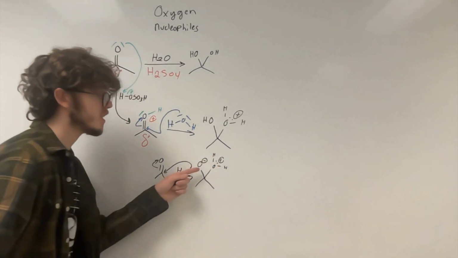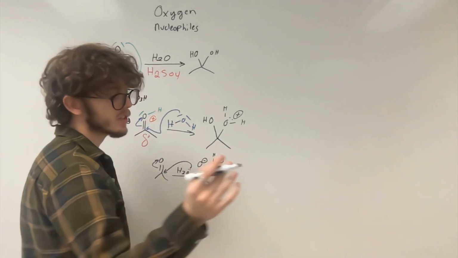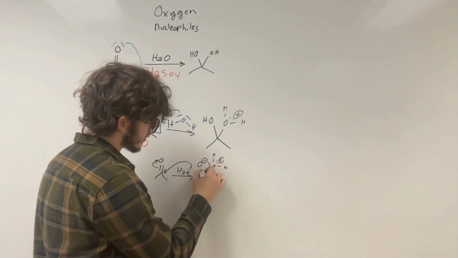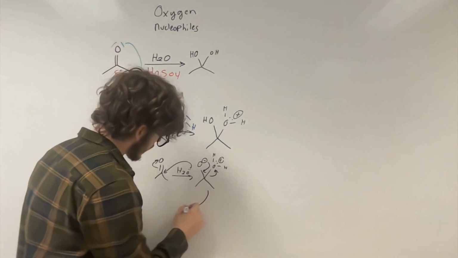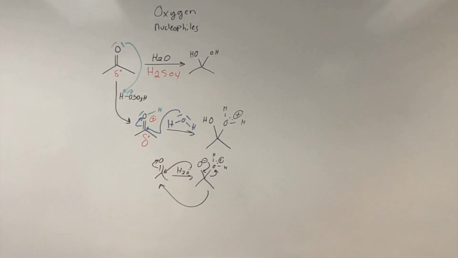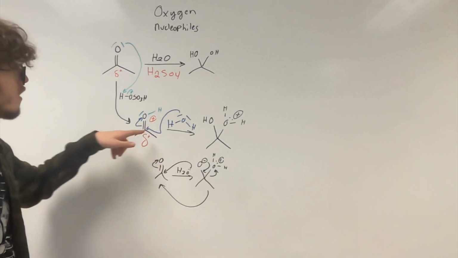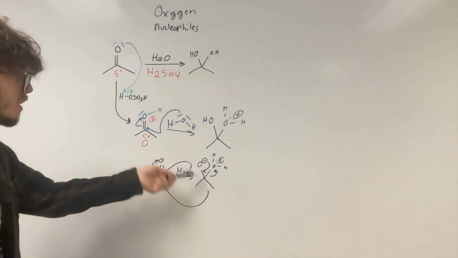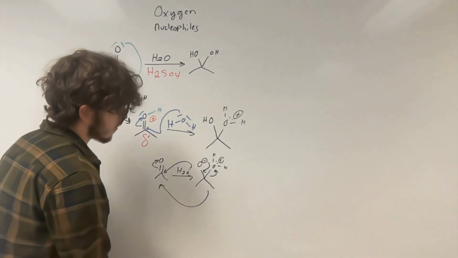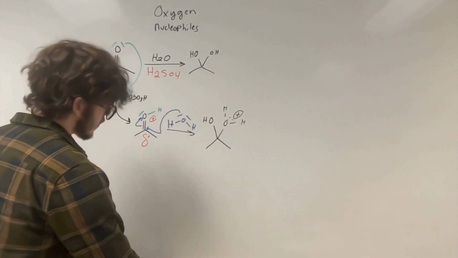A negative charge and a positive charge, right? What's going to happen right away is the carbonyl is just going to kick that little group out. We're going to go right back to the ketone. So, yes, the water can attack, but it's not going to lead to our product here. It's just going to get kicked right off the water molecule. So, that's an important note there.